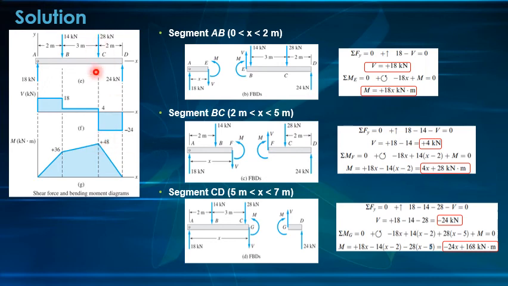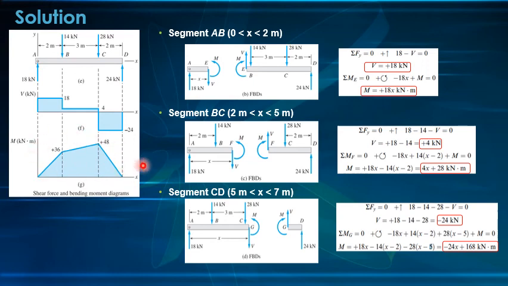So from segment CD naman, from 5 to 7, dito naman tayo sa part na to. Okay? We have the equation negative 24x plus 168. If we're going to substitute this value with 5, makukuha natin positive 48 sa class. Okay? And if we substitute 7 here, ang magiging value niyan is 0.